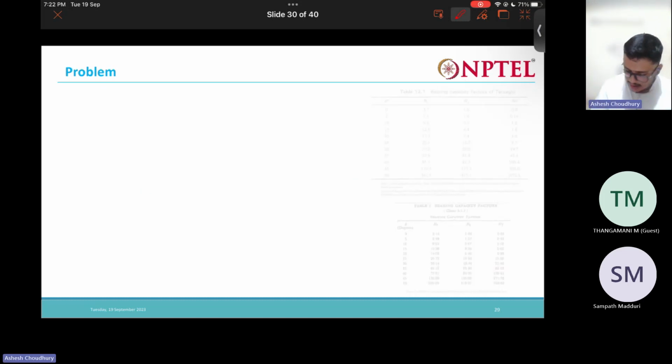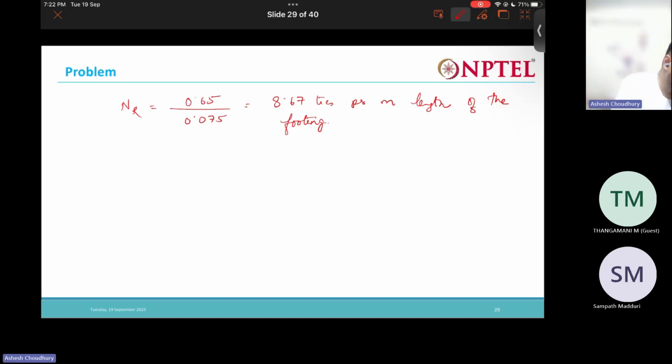And for the settlement criteria, I will just do it here. This is immediate settlement, remember. Settlement equals q times B times (1 minus mu square) divided by Es times the influence factor. Allowable settlement is 25 mm.